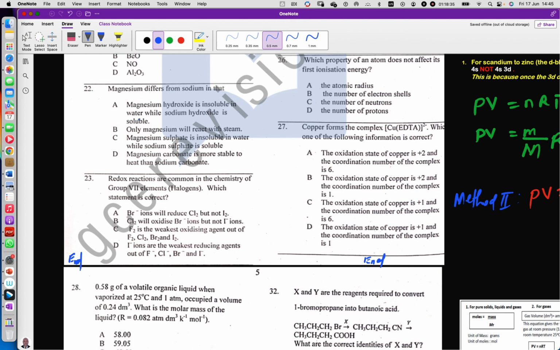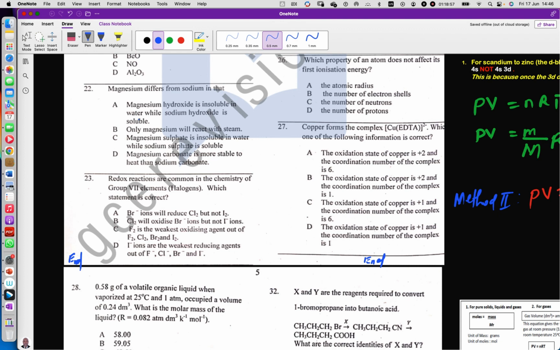B: chlorine will oxidize bromine ions, but not iodine ions.